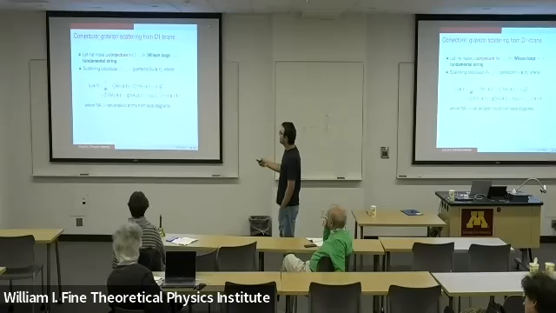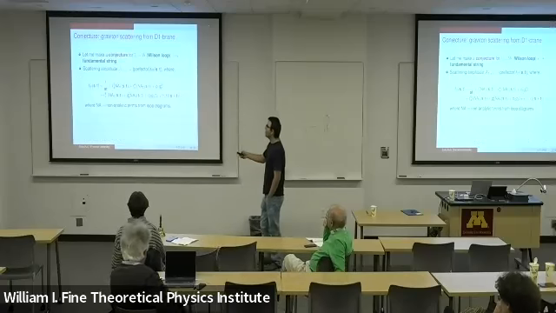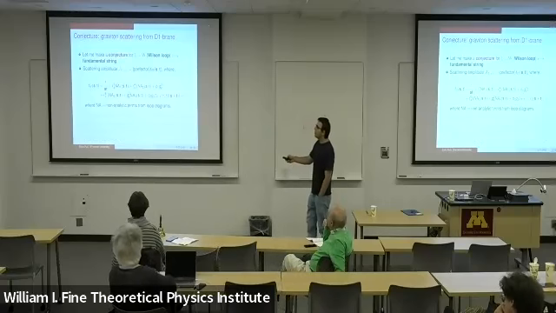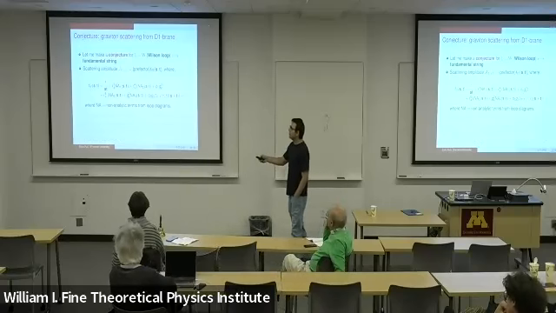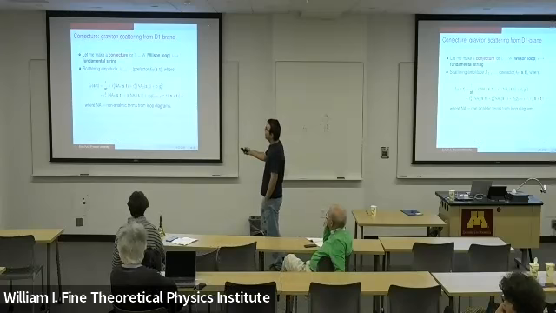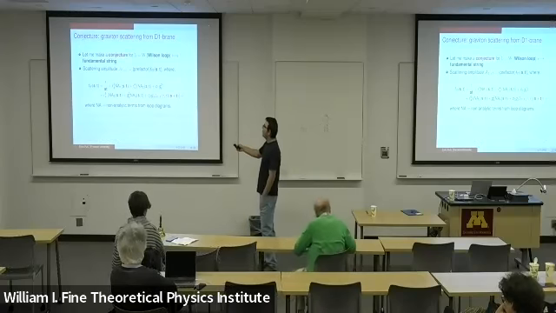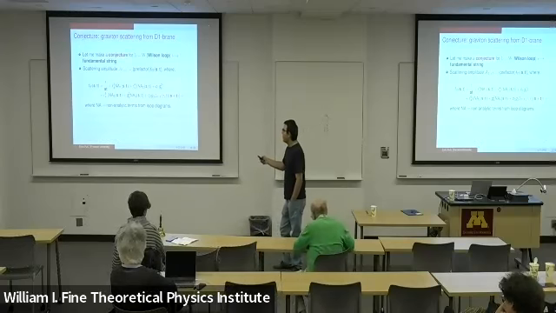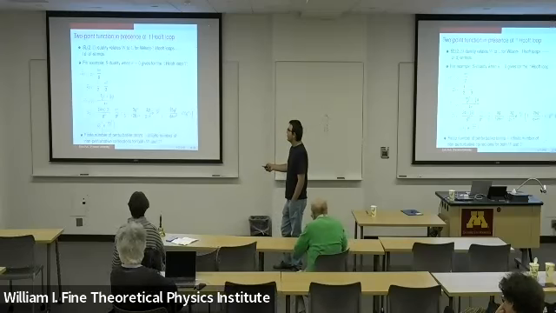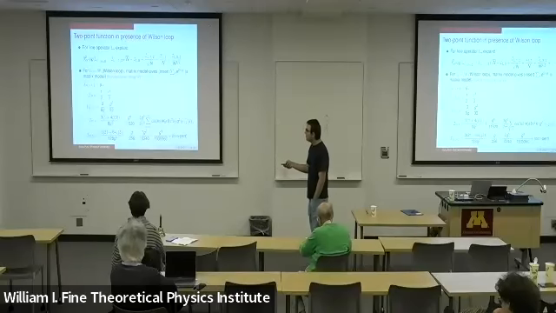And then at order l string to the 6, there's a couple of non-analytic contributions that come with different powers of g string, either g string to the 0 or g string squared, that come from loop diagrams. But there's also a contribution to the scattering amplitude that's proportional to S plus T, and also the function of tau and tau bar that I showed you before. In particular, this function over here.